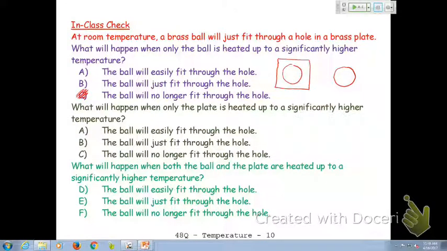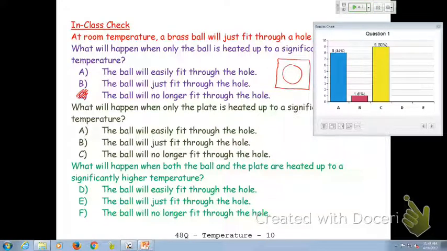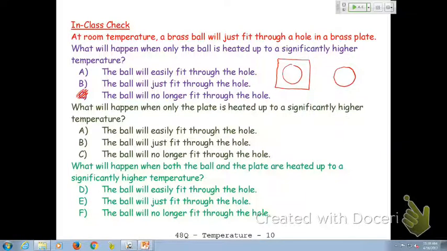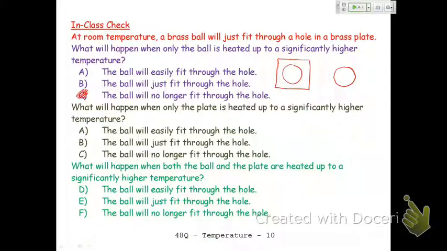I bet it's split. Yes, it's split. And this is not obvious. The answer is that the ball will easily fit through the plate, which is A. But don't feel bad if you said C, because the way you get this is, you say there are only 6 atoms on the inside of the circle.